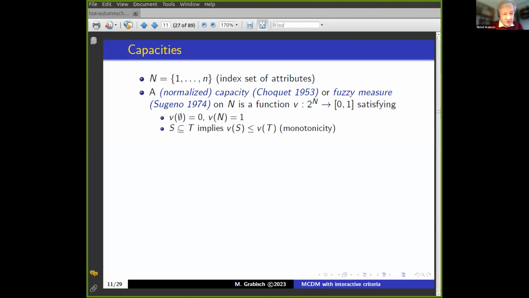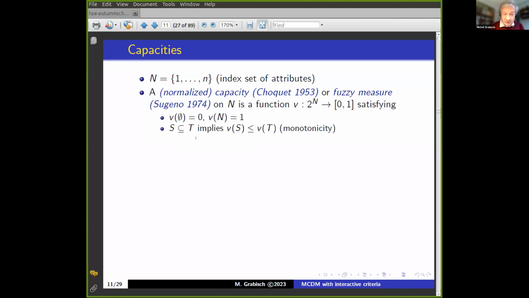And the second property, which is very important, says that if you take two groups of attributes S and T, if S is included in T, then v(S) should be smaller than or equal to v(T). If you interpret v as a kind of importance of the subset, this property is very natural because it says that if you add some attributes to a subset, of course, the importance cannot decrease.